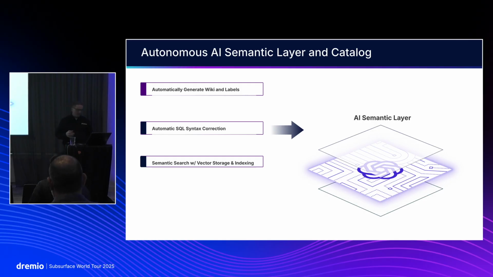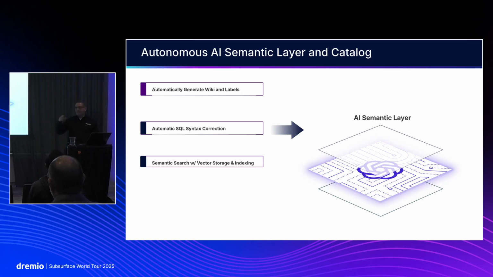And really, the goal is to enable easy data discovery and exploration for humans, for analysts, but also for those agents too. So Dremio has the semantic layer where you're adding in the business names and business rules and business objects, but also semantic search, which is part of that autonomous, we'll call it autonomous AI semantic layer, with some of the things you saw in the keynote, for example.